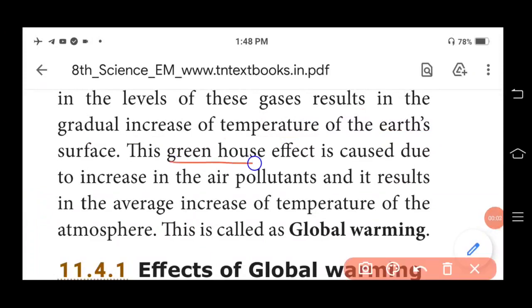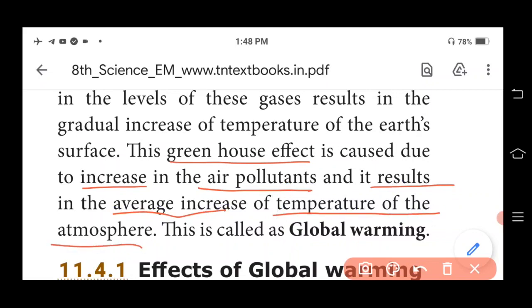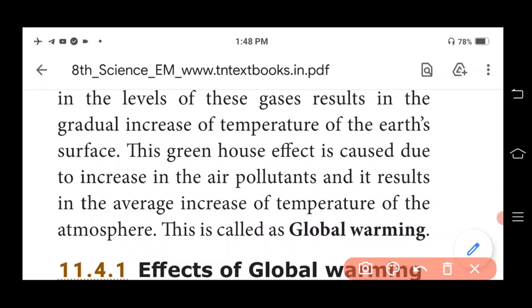This greenhouse effect is caused due to increase in air pollutants, and it results in the average increase of temperature of the atmosphere. This is called global warming. Simply, the increase of temperature of the atmosphere is called global warming.